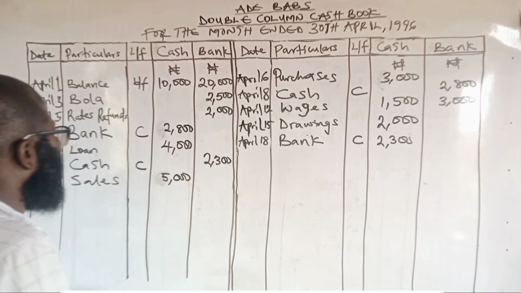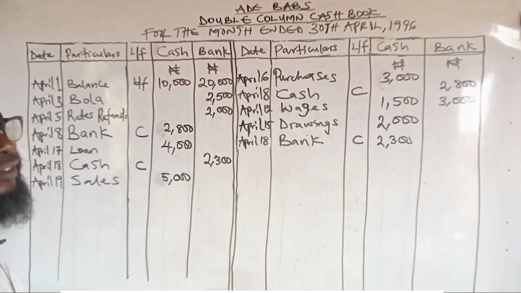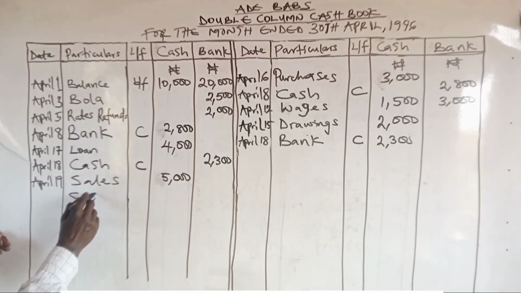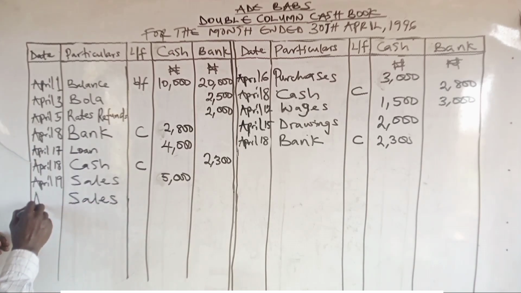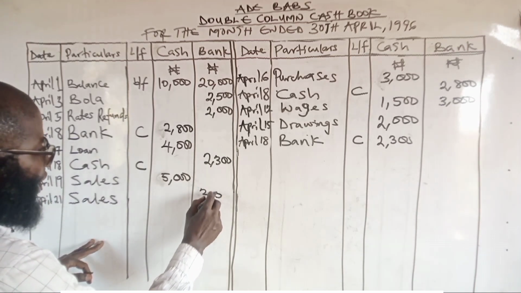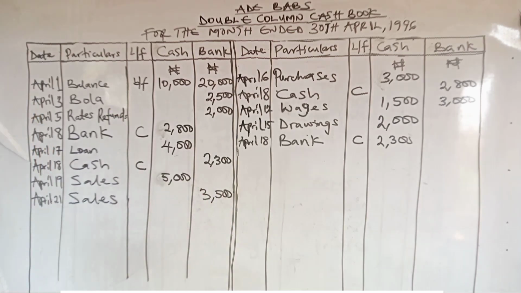Therefore, you are going to treat such entry as a normal transaction and not double entry. So you come here, write April 21st. Then you come to the bank side, you write 3,500 naira.